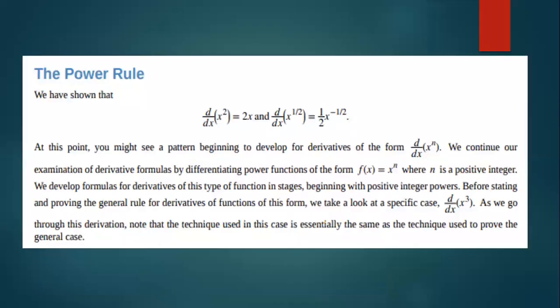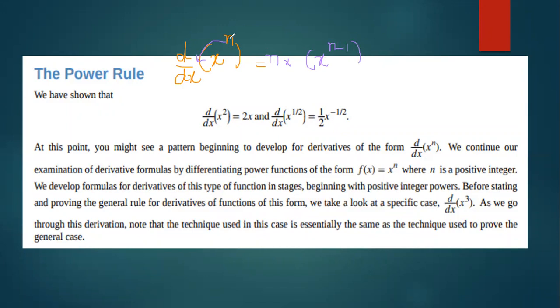Then the second is my power rule. So what is basically the power rule? The power rule says that if there is a derivative d upon dx of x to the power n, the power will come here in front, so it will be n times x to the power n minus 1.